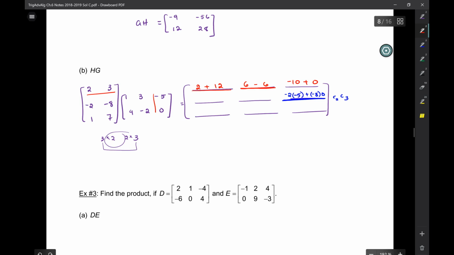Okay, so go ahead and do the second row. You already have one done for you. Go ahead and do the second row.